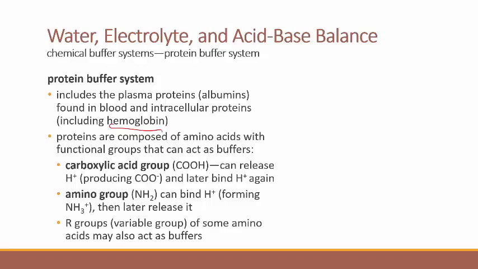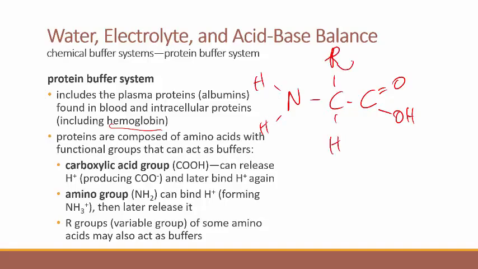So carboxylic acid is this. Let me just draw an amino acid here. So this is an amino acid. It's a carbon that has a carboxylic acid attached at one end, an amino group attached to the other, a hydrogen attached in the third location, and then up here in this location is the variable group.